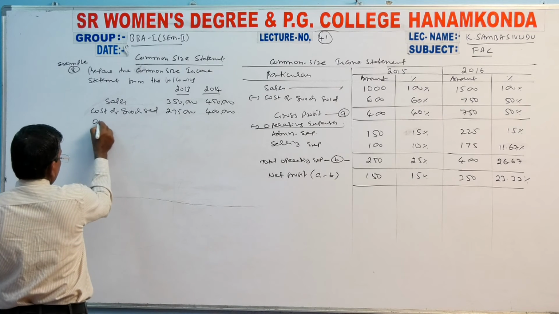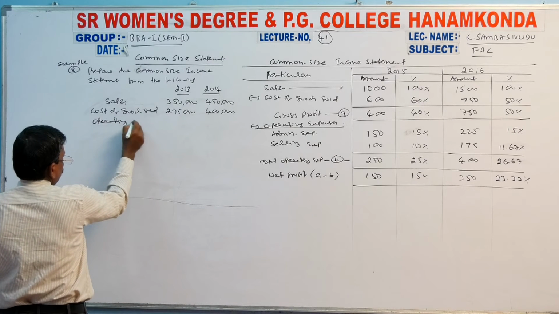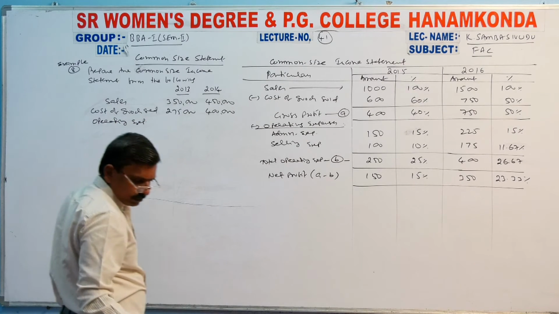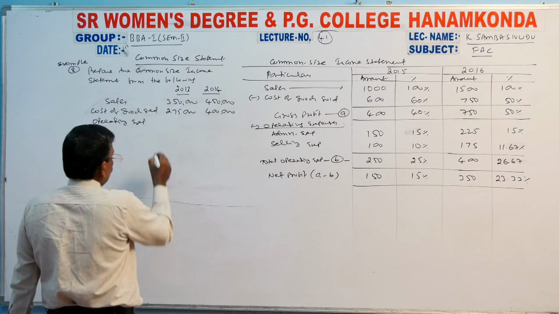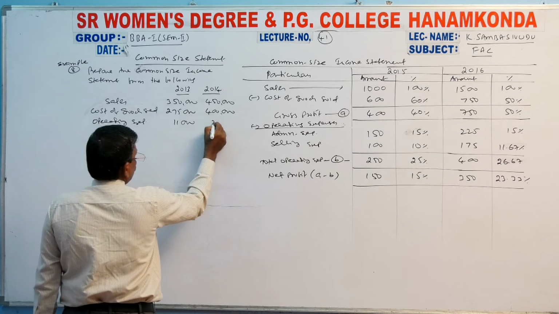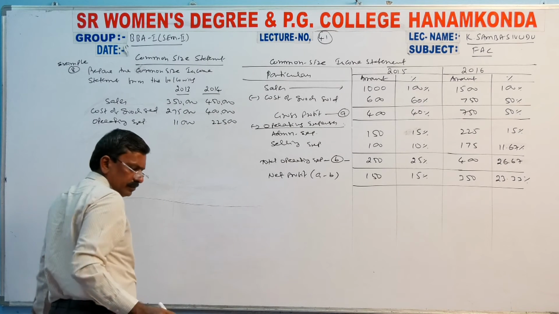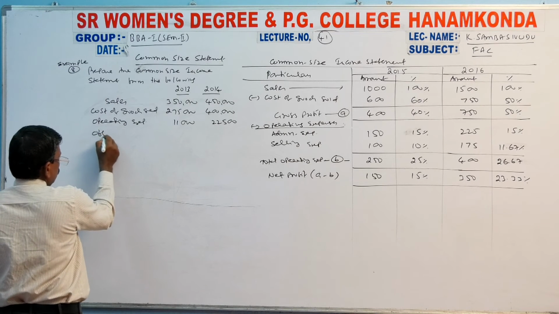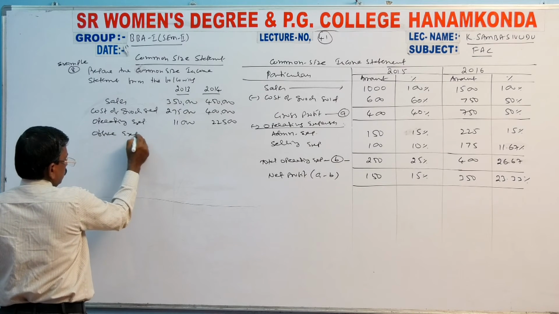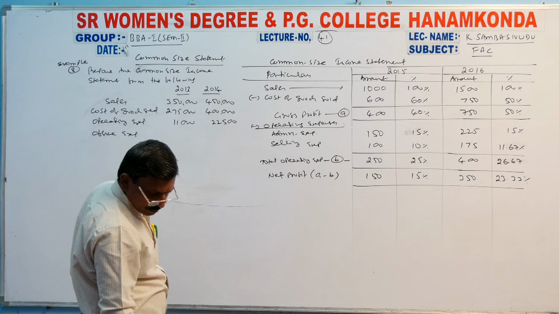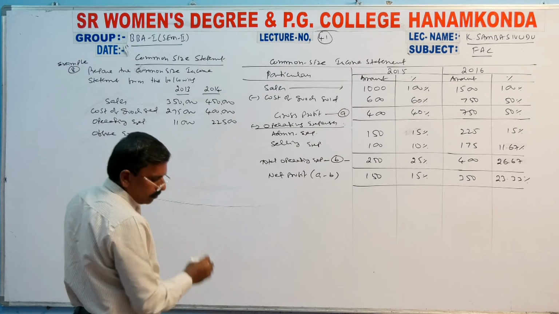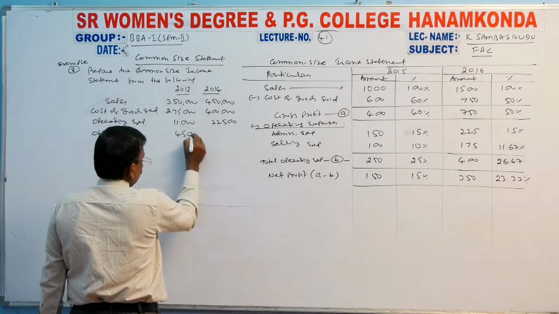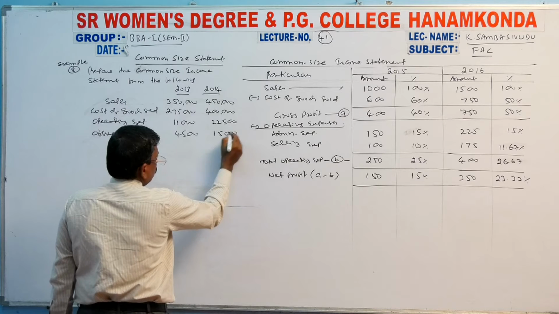Operating expenses 11,000, 22,500. Office expenses 4,500, 15,000.